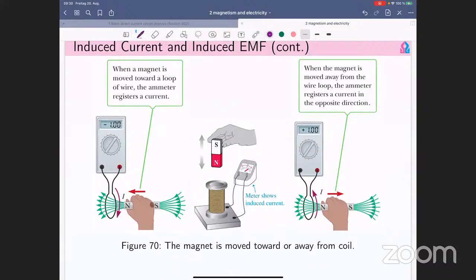Now let's take a look at this case: you start moving your hand to the left. There are several magnetic field lines, and when you move the magnet closer to the conductor loop, the loop will feel that it gets a stronger magnetic field at the moment, because this guy just moved the magnetic field to me.